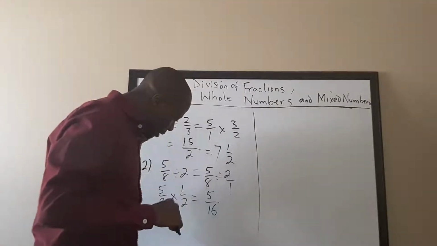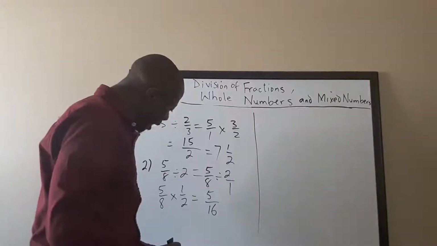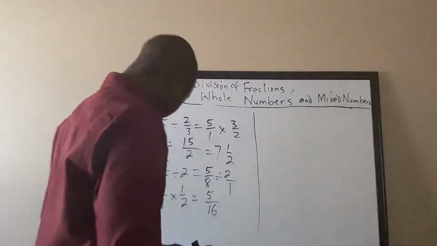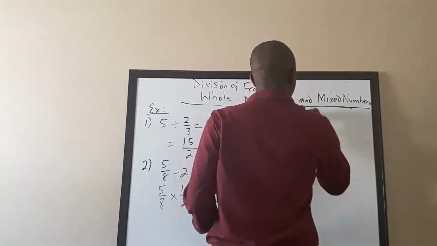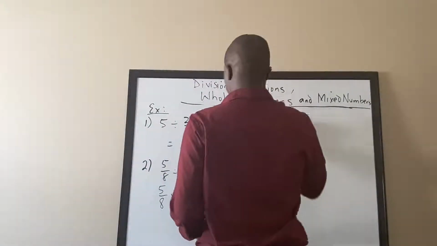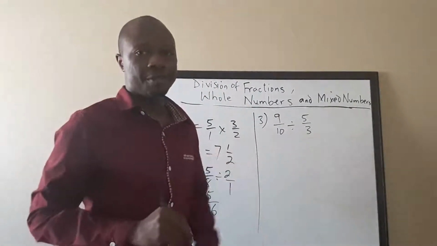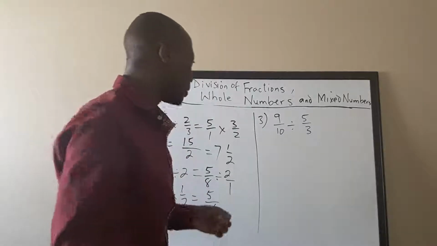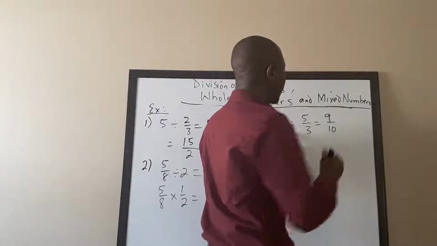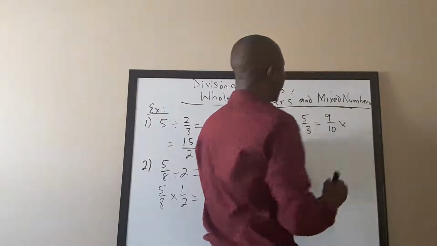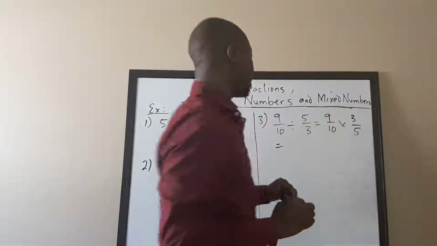Let's move on to another example. 9 over 10 divided by 5 over 3. For this one, I have 9 over 10, I change the sign to multiply, and I flip the 5 over 3, so I get 3 over 5.